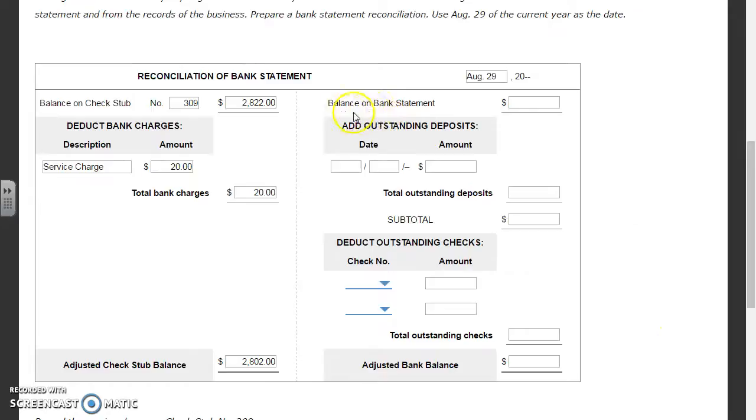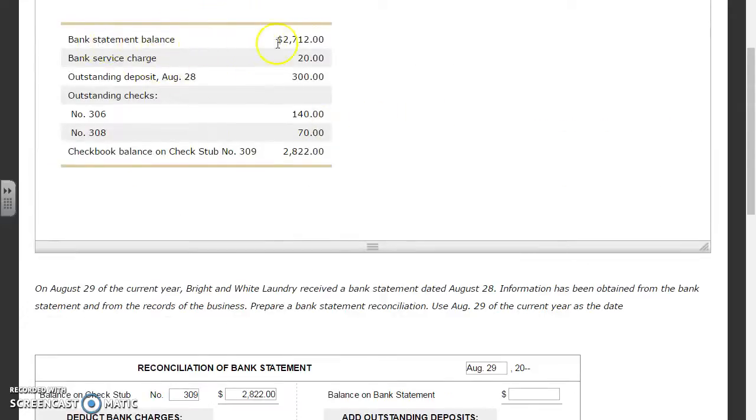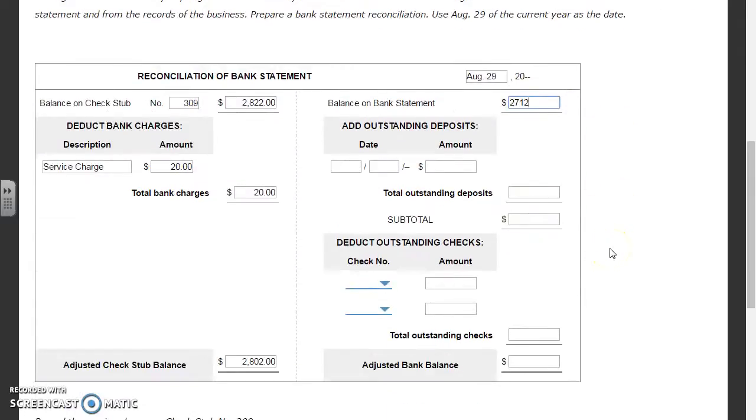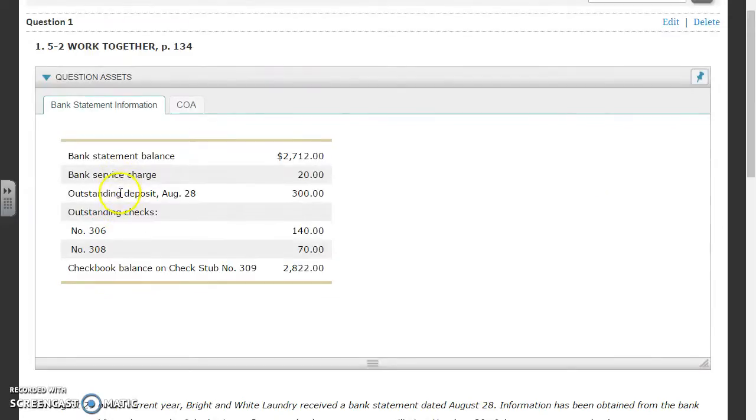So the next thing it says is the balance on the bank statement. So we're going to look up, and the balance that they gave us on our bank statement was $2712. So we're going to go down here, $2712. Next, it says to add any outstanding deposits. Any deposits that we have made since this bank statement was released that were not calculated on our bank statement. So we look up, our outstanding deposit was made on August 28th for $300.